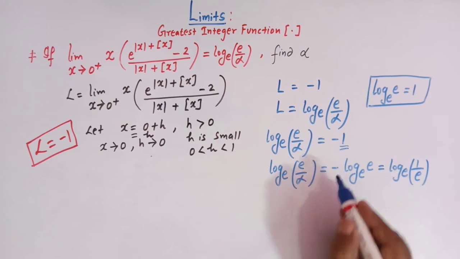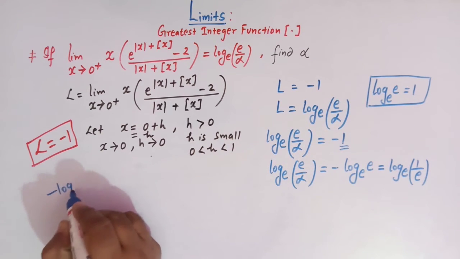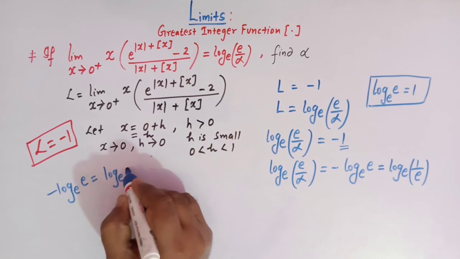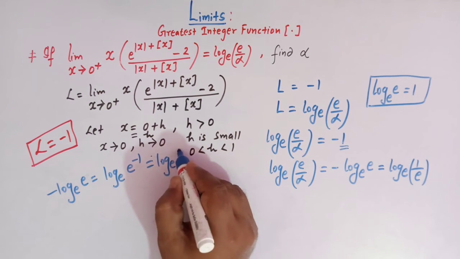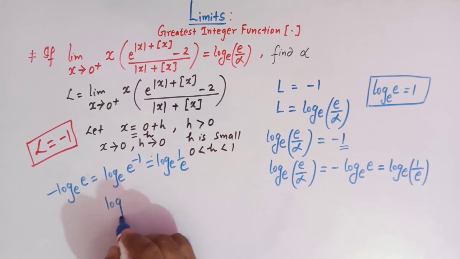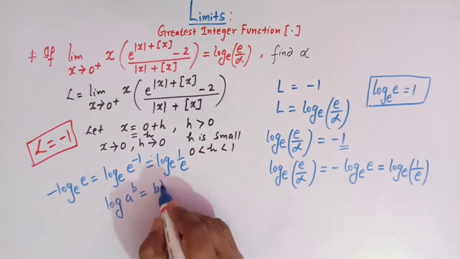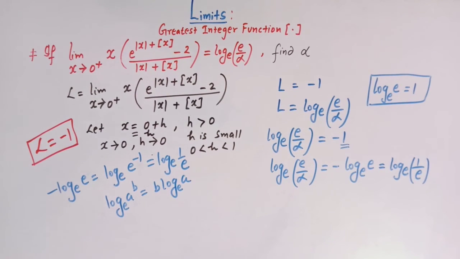Here we have written minus log of e as the log of e raised to minus 1, that is the log of 1 over e. We have used the property log a raised to b is b log a, and obviously the base is e.